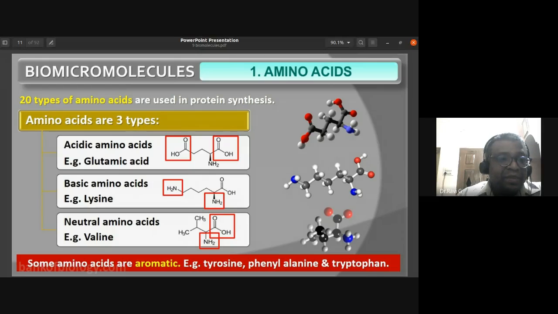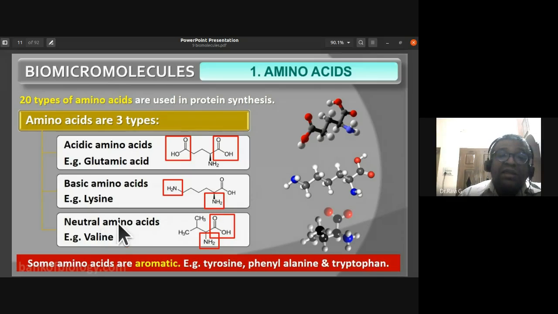The acidic amino acids have two carboxylic acid groups and only one amino group. An example is glutamic acid. The basic amino acids have two amino groups and only one carboxylic group. An example is lysine.